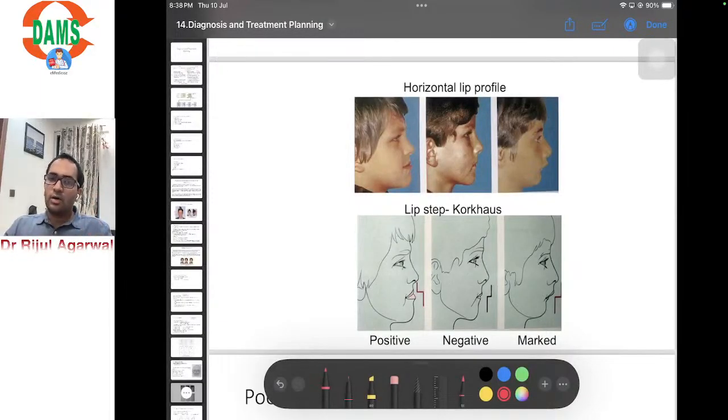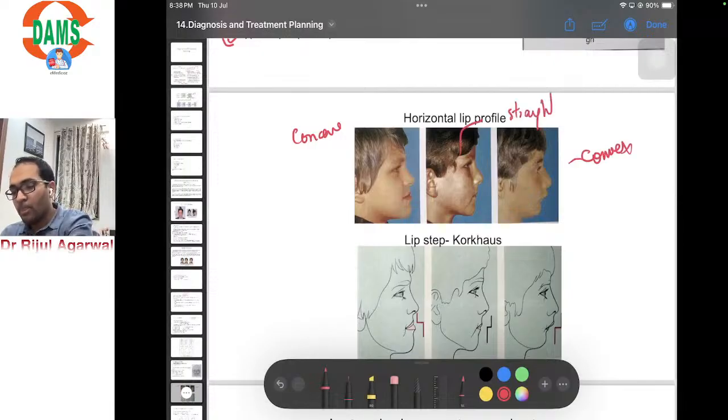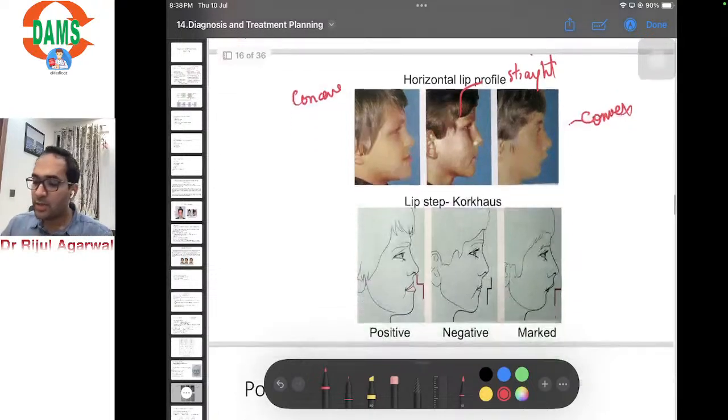Next comes the horizontal lip profile. So based on this we have concave profile, which all of you know, convex profile and straight profile. What becomes important is the lip step. So lip step was given by Korkhaus.